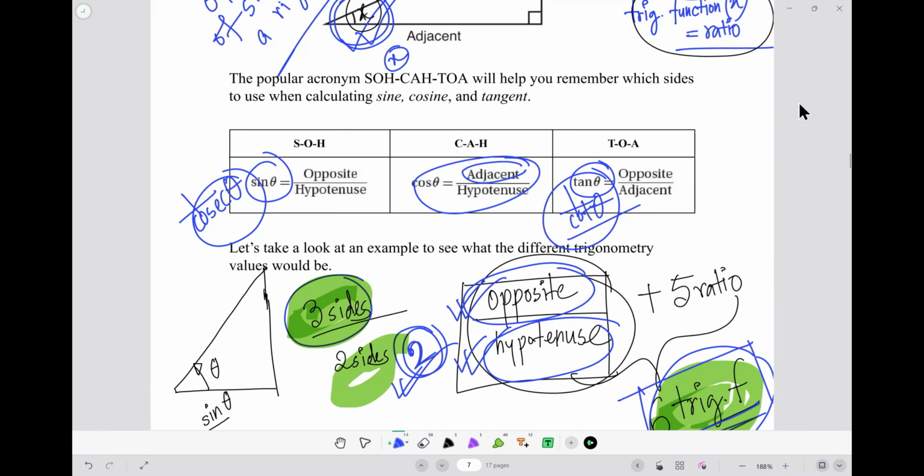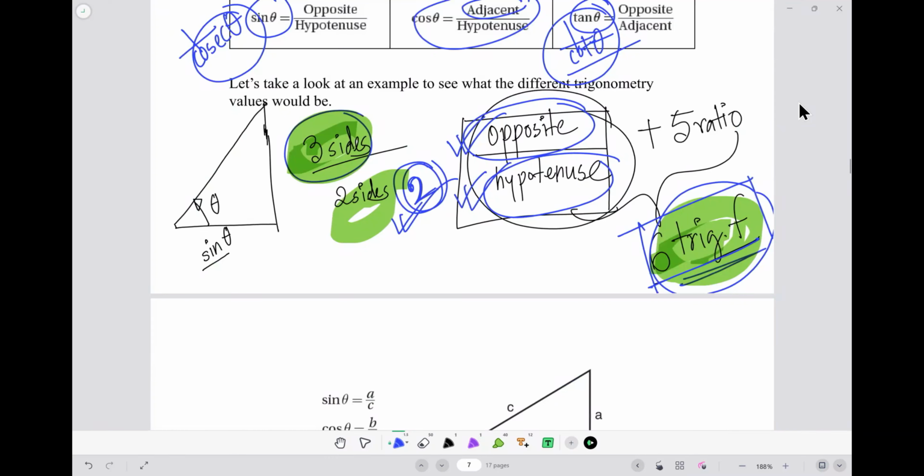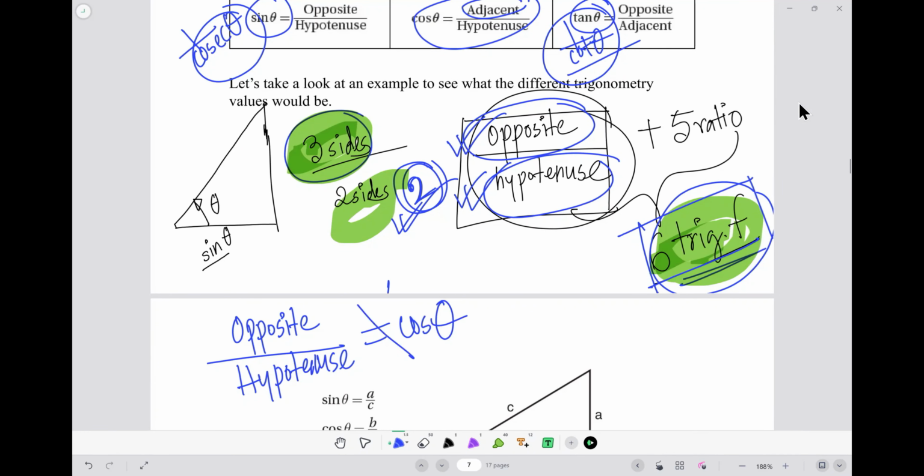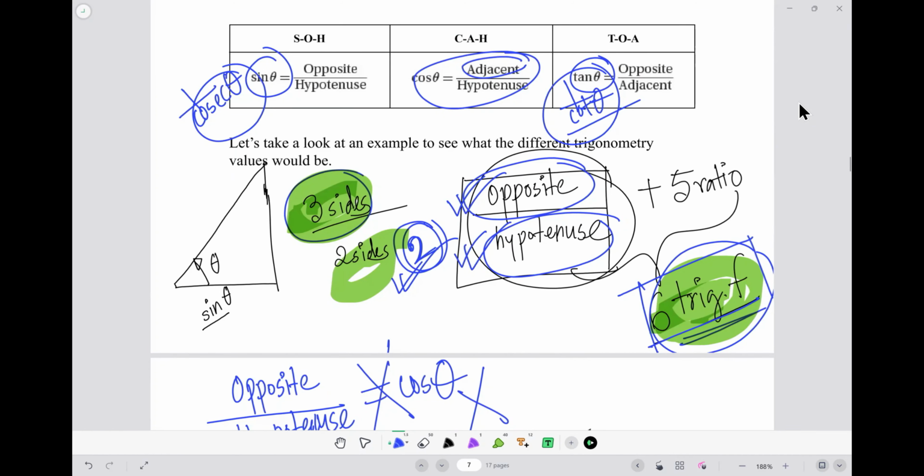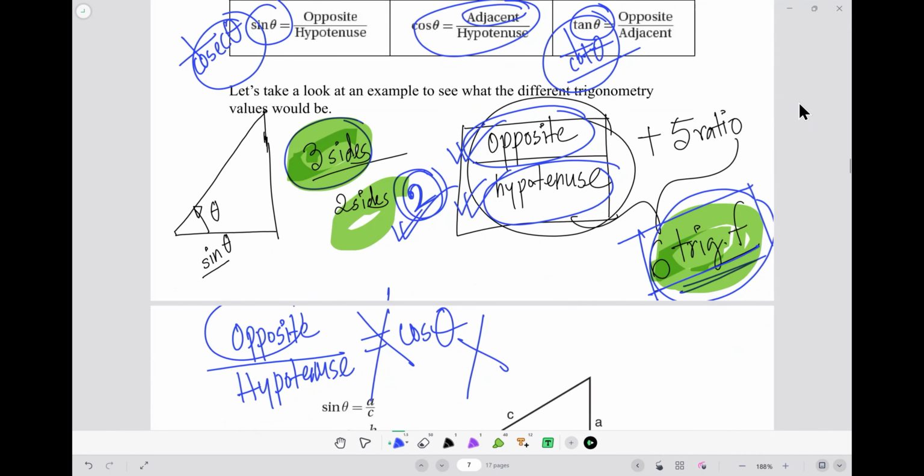You cannot write that the opposite side divided by the hypotenuse side is the cosine function. No, that's wrong, no way, because each of them is very identical. The opposite side divided by the hypotenuse side has a particular name.